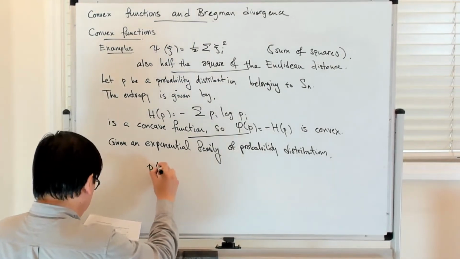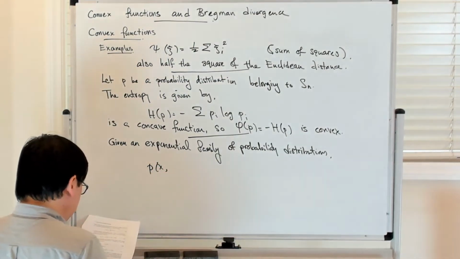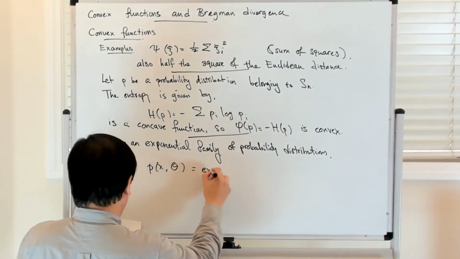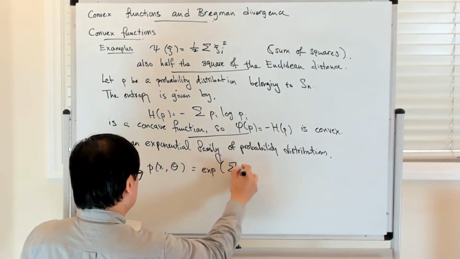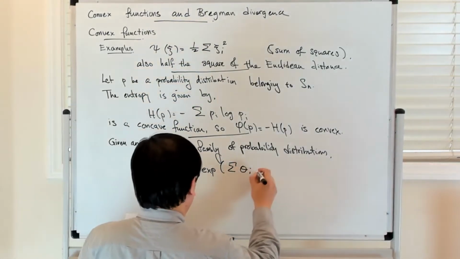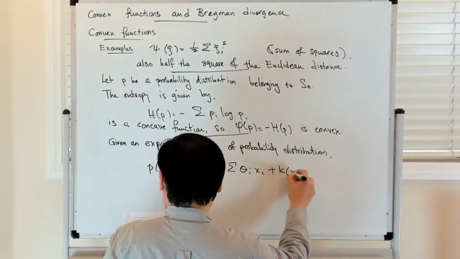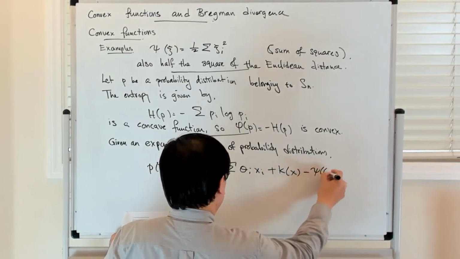I look at some probability of x, and there's some parameter theta. So this is the exponential of the sum of theta_i x_i plus some function k of x minus some other function of theta.